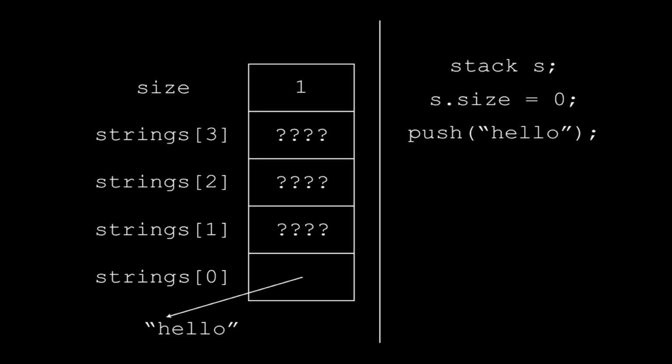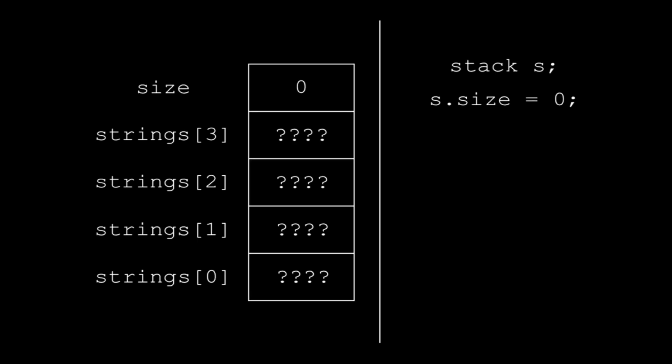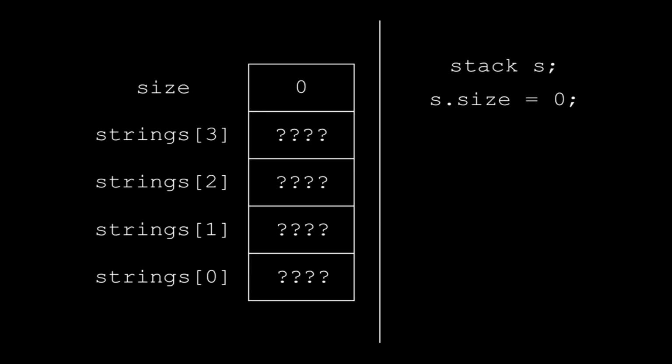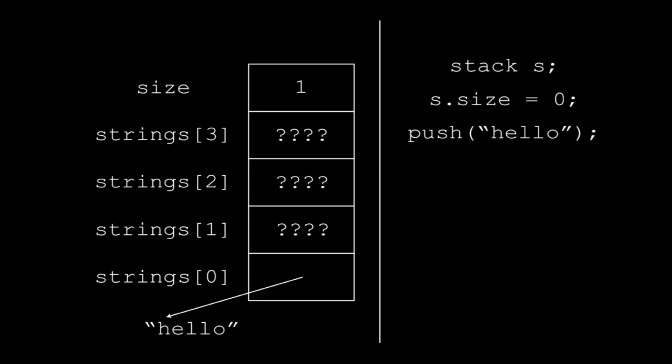So if we look at the difference between the two slides, here was before the push, here was after the push. And now we have one element in our stack. It's the string hello. And that's it. Everything else in the strings array is still garbage.